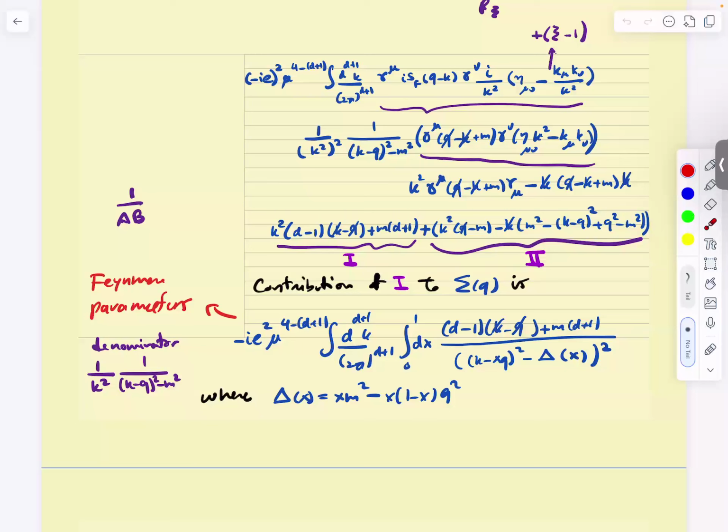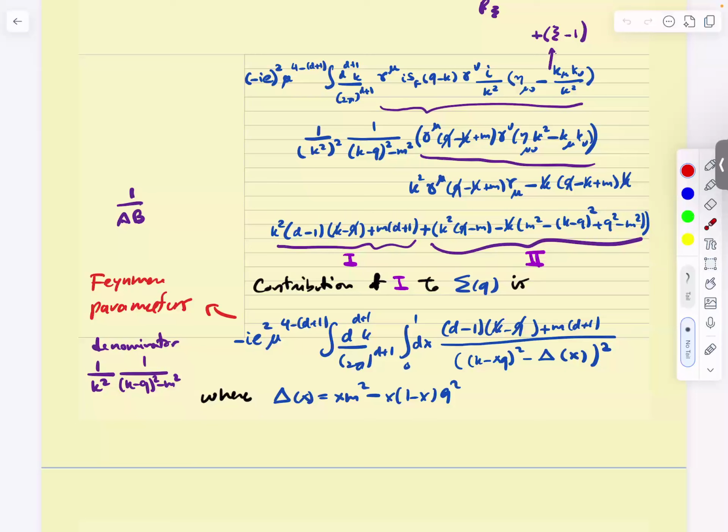There are two terms. So first, let's focus on the very first term. This is what it looks like. Oh, another thing is that I instantly also wrote it Wick rotated. I don't really need to do much for that. And second, I did dimensional regularization. I introduced a mu to a power of 4 minus d plus epsilon and then changed my integrals to d plus 1.